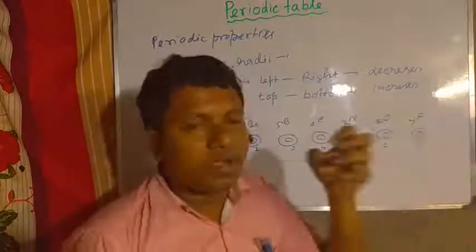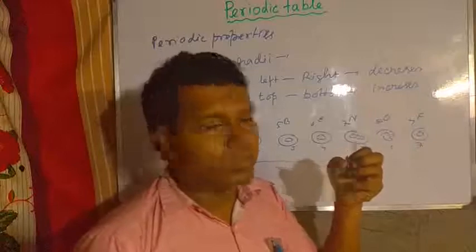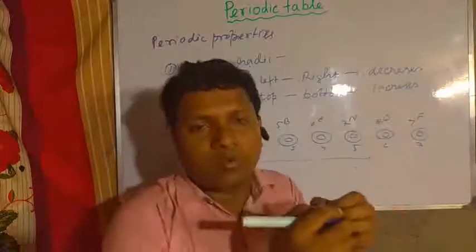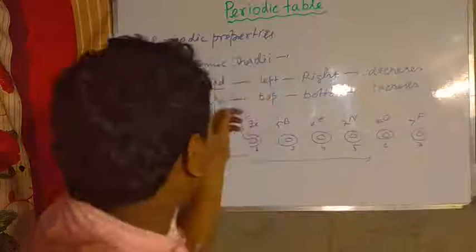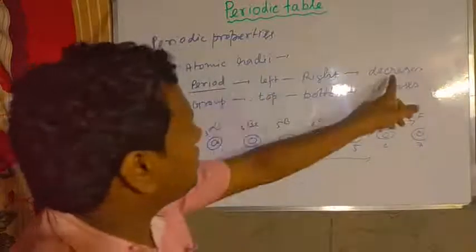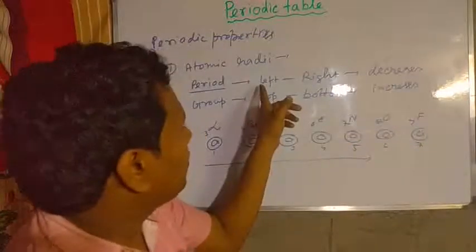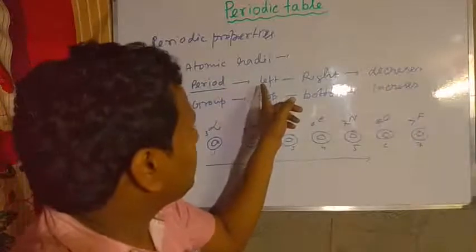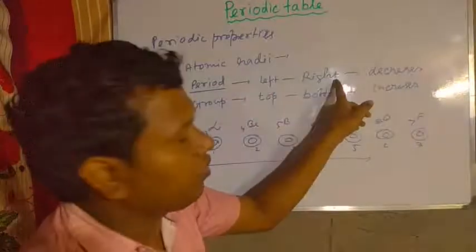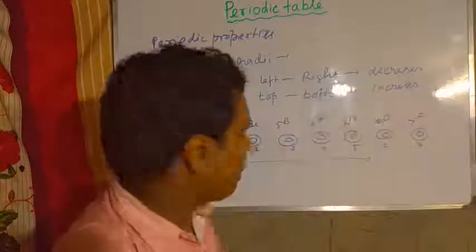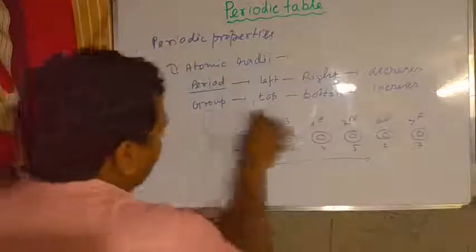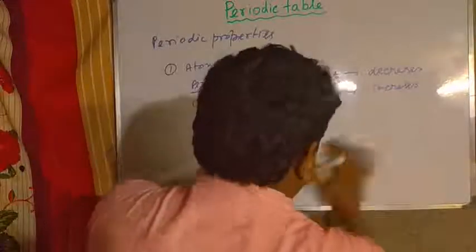So the outermost shell comes closer to the nucleus, and that is why the radius decreases across a period from left to right. Okay, next, group.